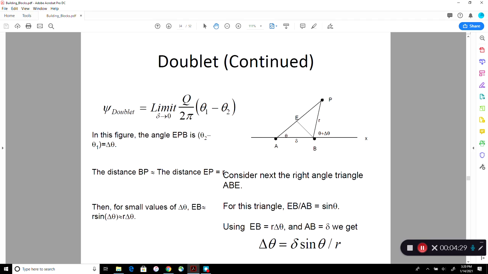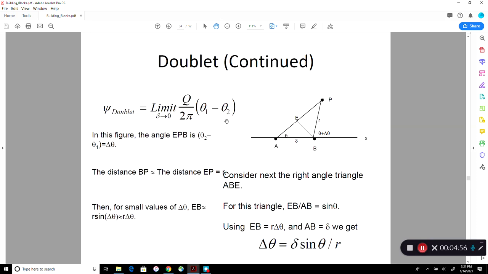So equate this expression for EB, which is R times delta theta, with this expression EB equal to delta times sine theta. Then we can get an expression for delta theta equal to delta sine theta over R. So plug this delta theta in here, then you get an expression for psi of a doublet.